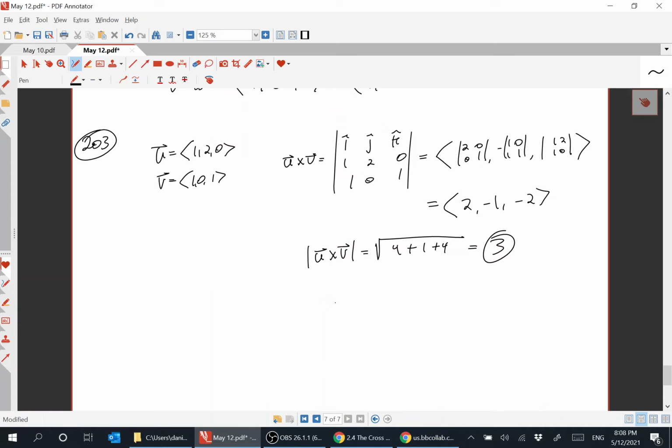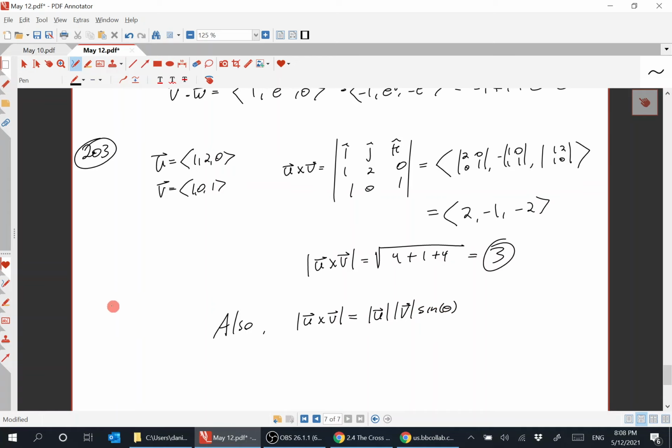Now, in the geometric interpretation of the cross product, the length of u cross v is the length of u, times the length of v, times sine theta. So there's u, there's v. You've got this parallelogram, and these other copies of u and v sitting around here.